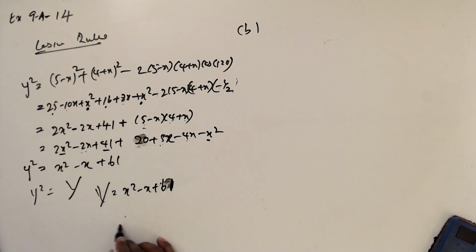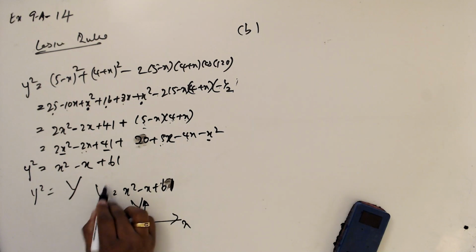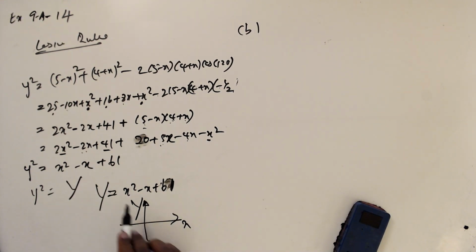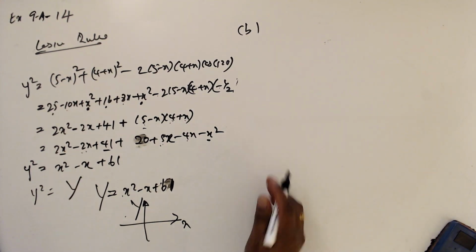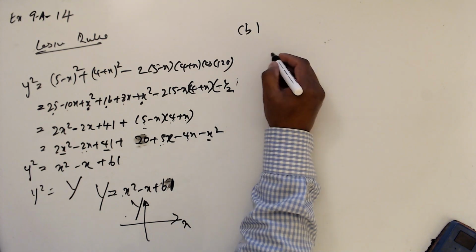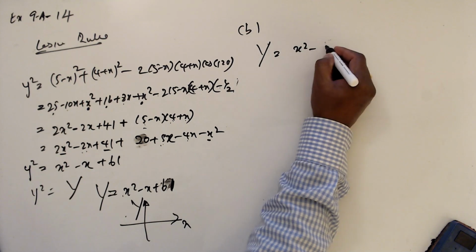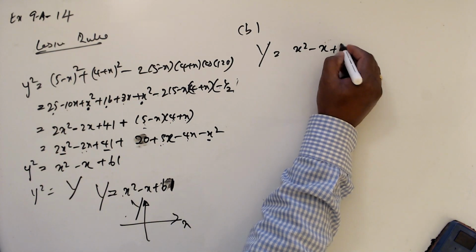So this is going to be a graph with x and capital Y. This is going to be a minimum graph because a is greater than 0, and we need to know the minimum value. So we start with completing the square. Capital Y equals x square minus x plus 61.